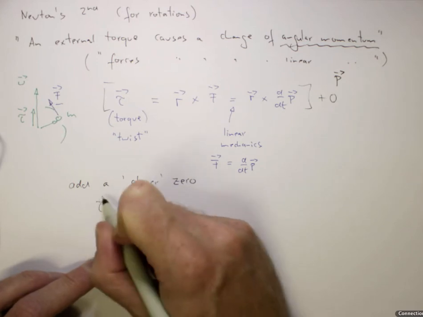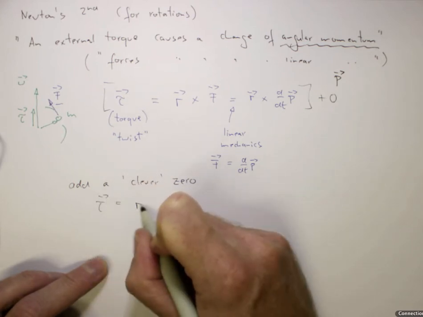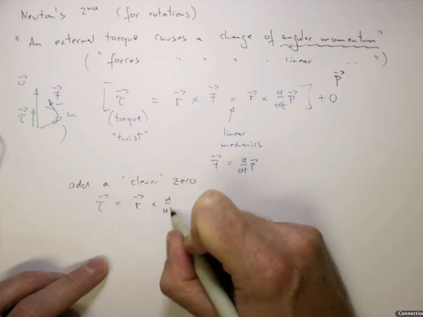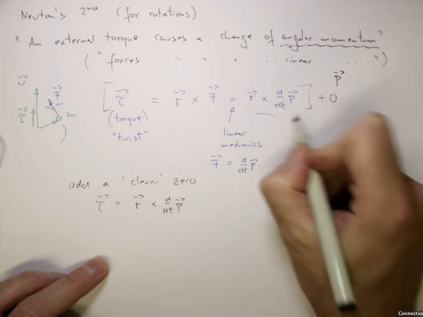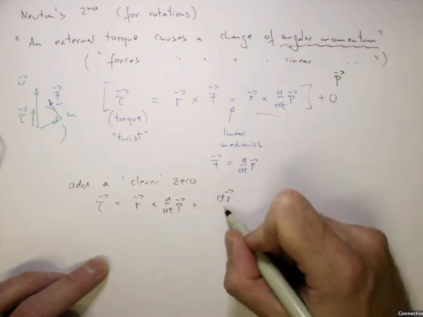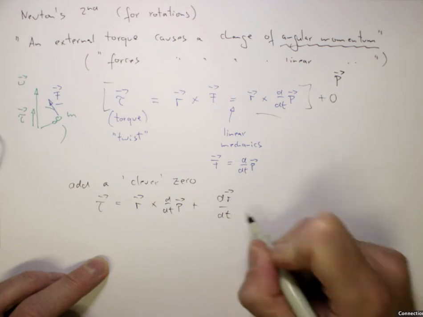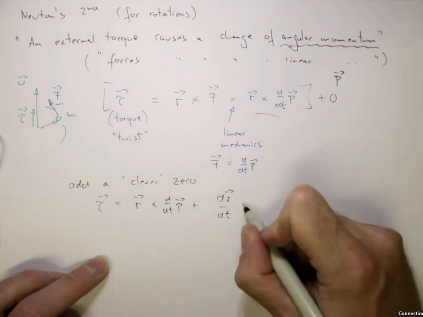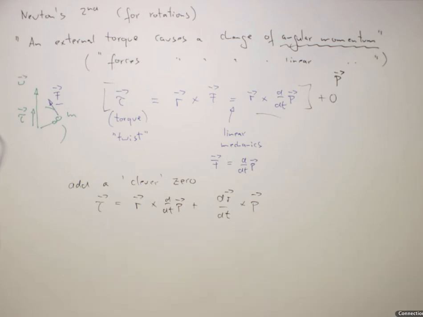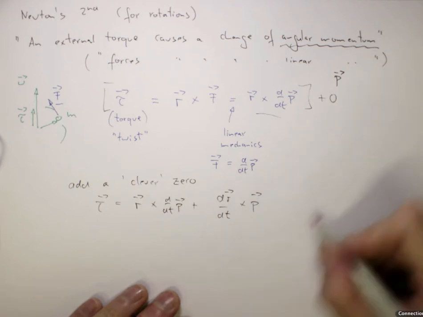This is the way to do it, and we obtain torque is r cross d on dt p, which is what we already had, and now we're adding our zero, and we're expressing it as dr differentiated with respect to t cross p. You might say, well, that's not zero, that's some funny term, but let me show you that this is zero.